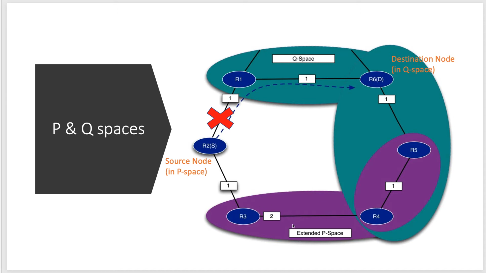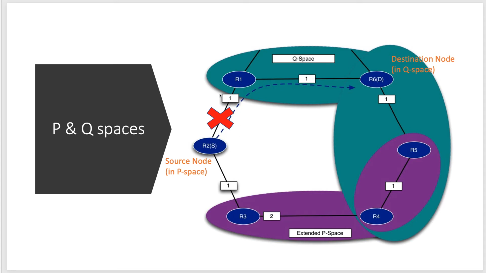So in this case, R2 is a direct neighbor with R1 and R3. But because the protected link between R1 and R2 failed, R2 is no more a direct neighbor with R1. But R2 is still a direct neighbor with R3. That means R2 can still reach R3 without worrying about this particular link failure.